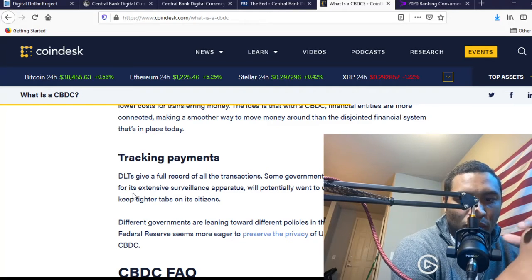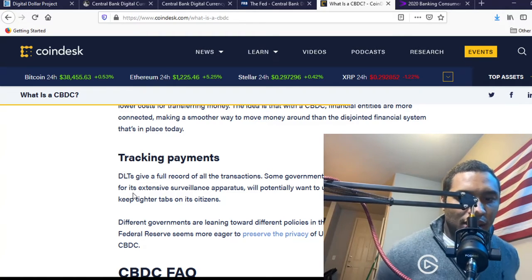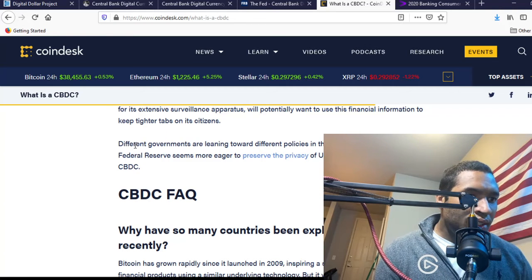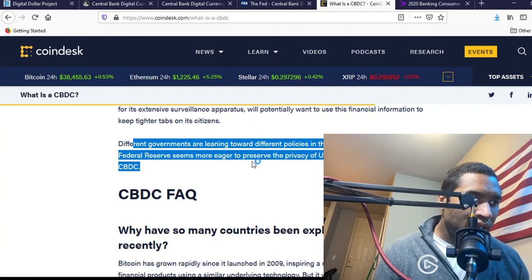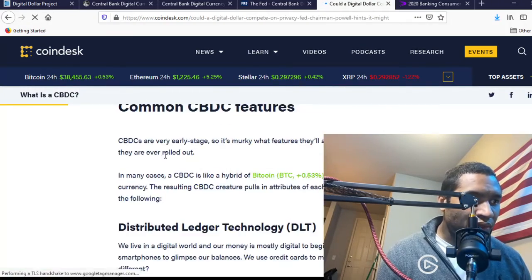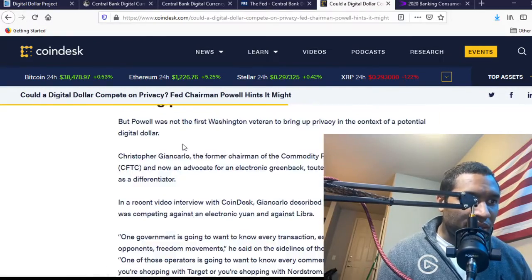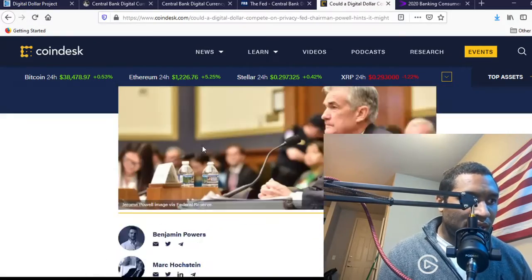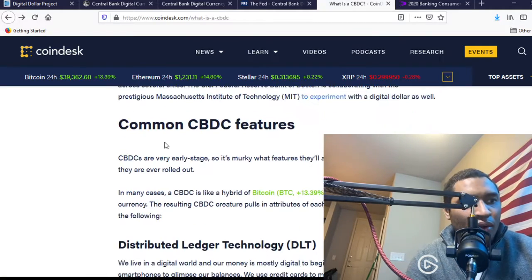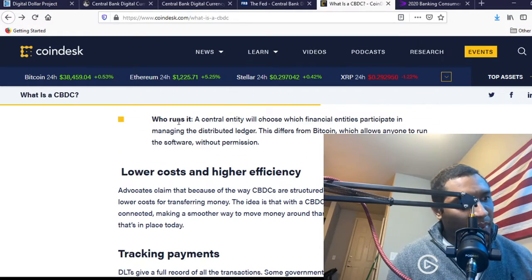And so it will give us a better track of what we need to do. So it wants to preserve privacy, I get that. Along with money laundering as well, we don't want people money laundering.